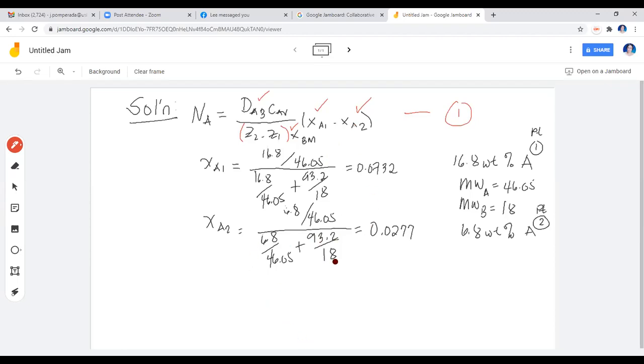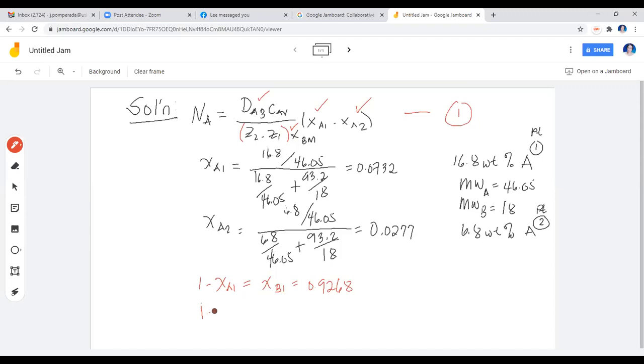So you have to subtract XA1 and XA2 from 1. So you will have 1 minus XA1 will be equal to, so that would be your XB1. So your XB1 in this case is 0.9268.